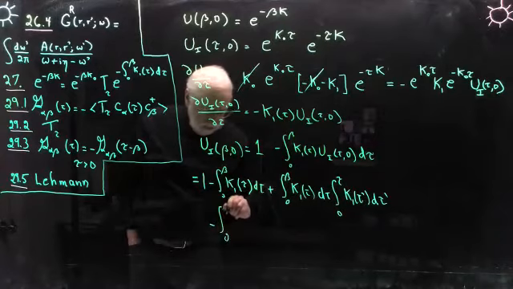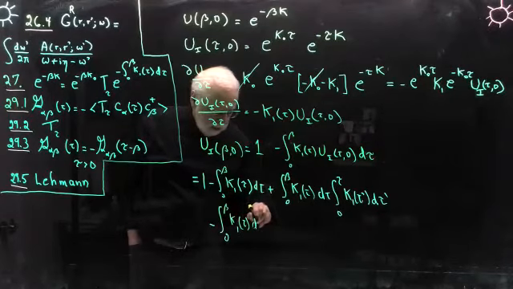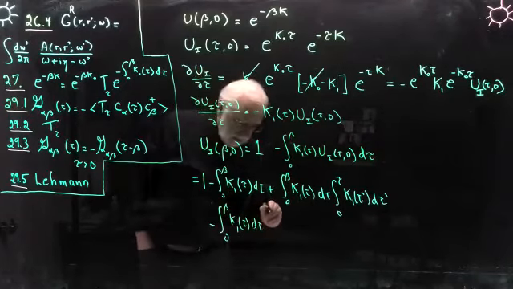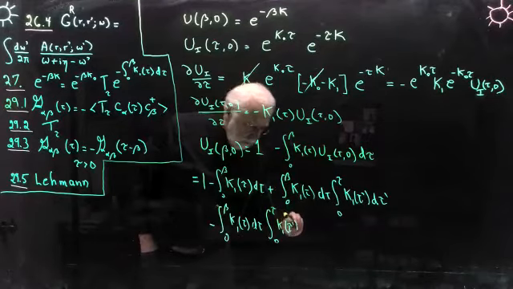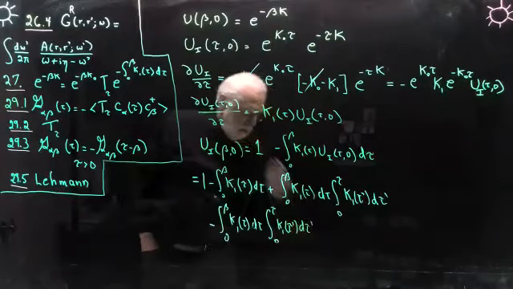So 0 to beta times K1 of tau d tau times the integral from 0 to tau of K1 of tau prime d tau prime.